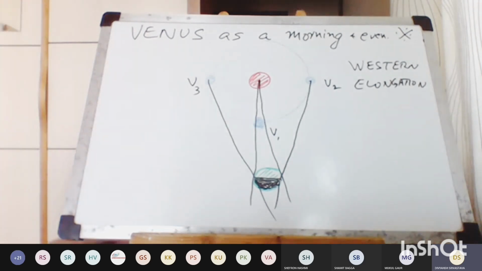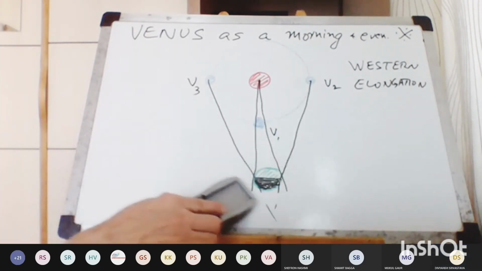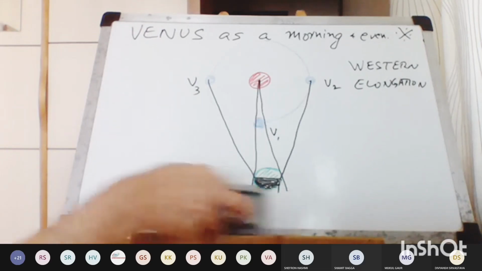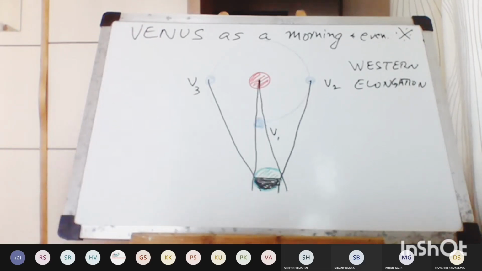Very good. So how is the Earth rotating? She is rotating from the top, when you see, in an anti-clockwise direction, west to east. Correct? You can see the full board, no? Yes, sir. So Earth is rotating like this.